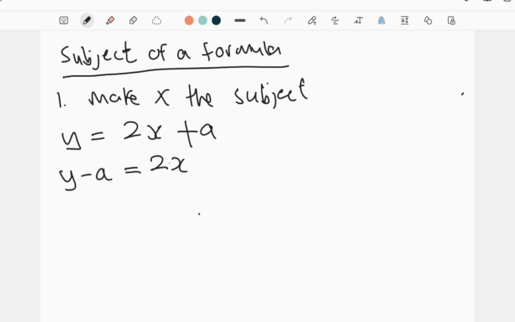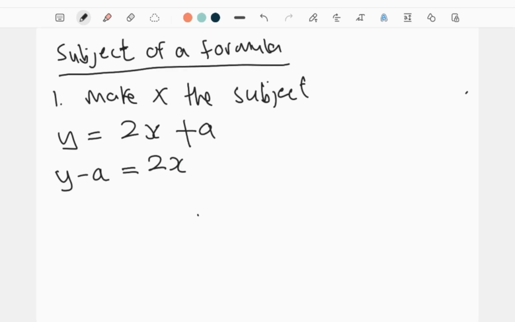Now there's an invisible times sign between them. If you want to get rid of the 2 and make x on its own, you have to divide by 2 on both sides. Then you're left with x equals y minus a, divided by 2. So that's that one.